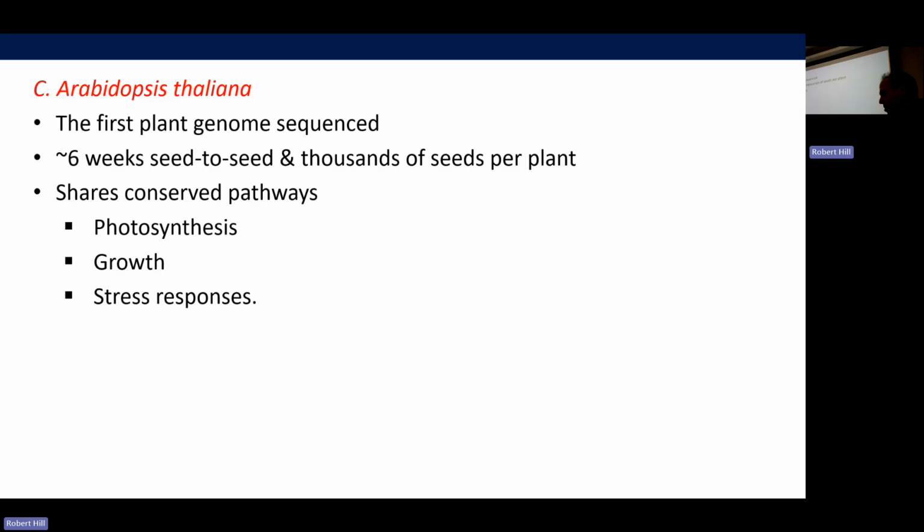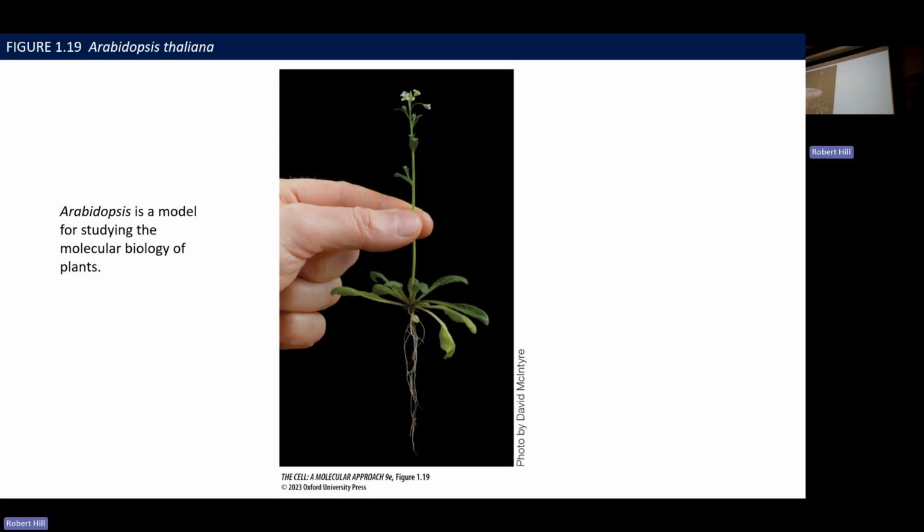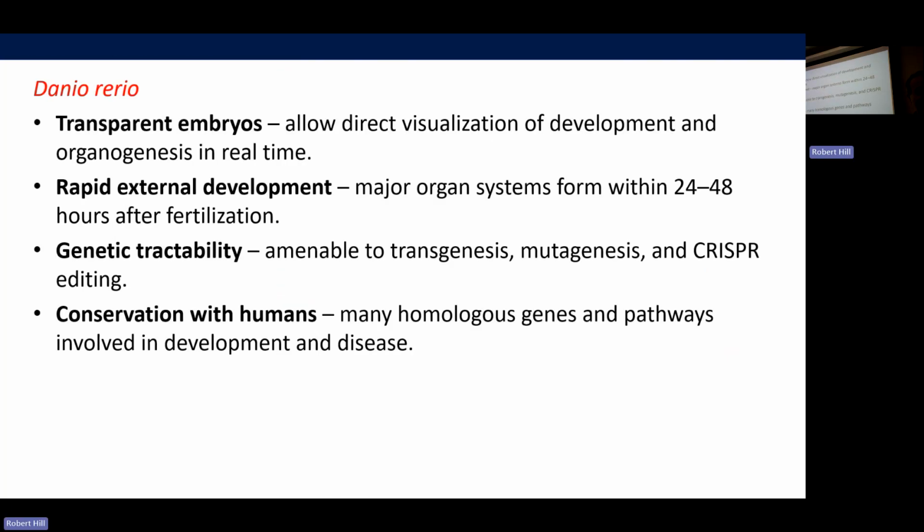But these things grow like weeds, and they're really quick. They produce thousands of seeds, and they're still widely used by botanists today to further study photosynthesis, cell growth, and responses to the environment. All right, it's a small plant, easy to grow, high fecundity.